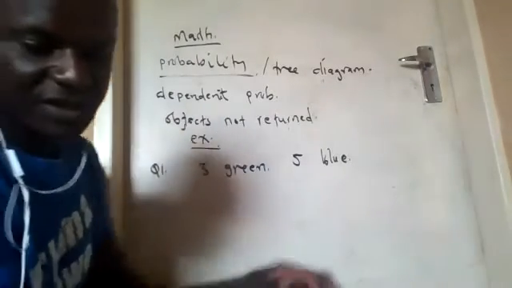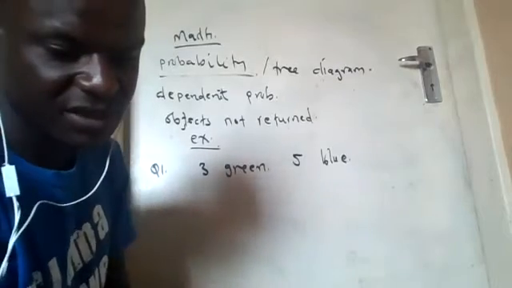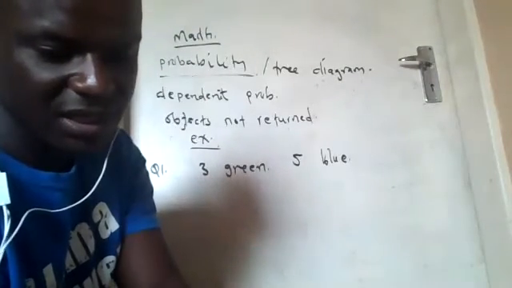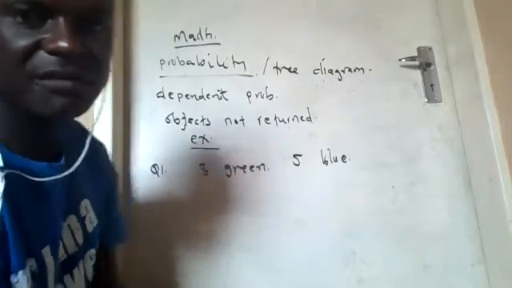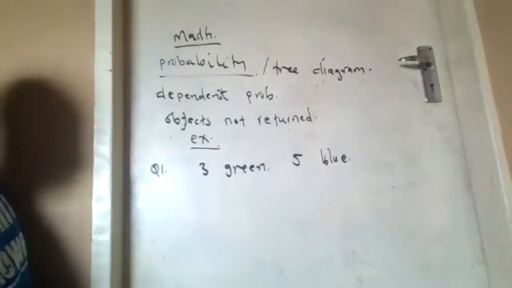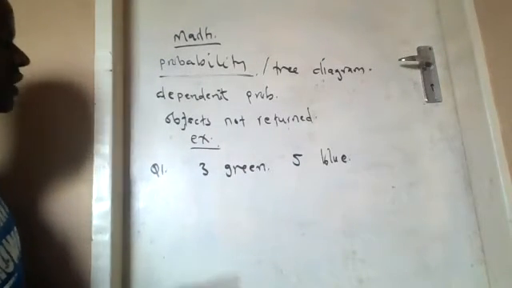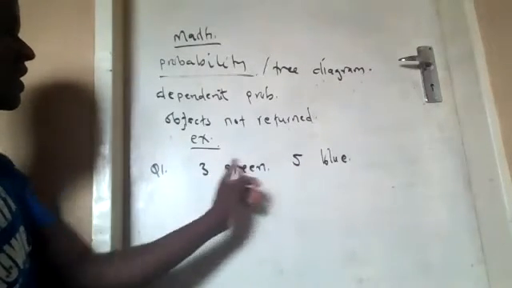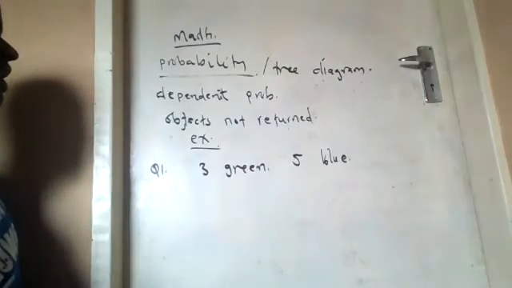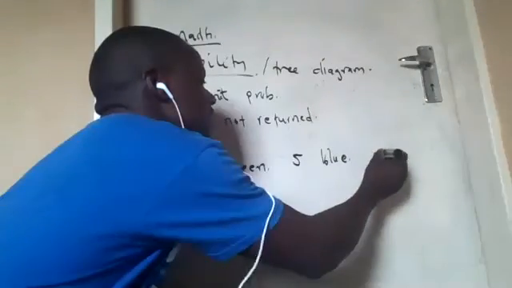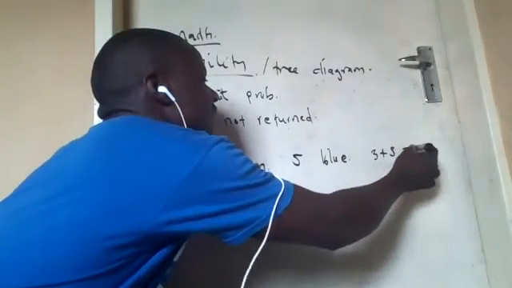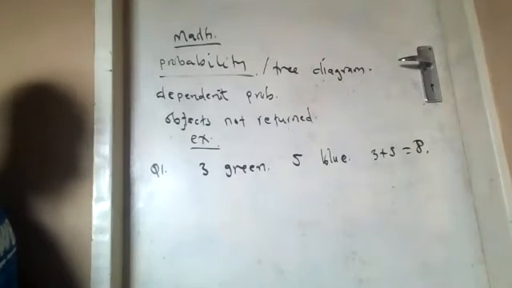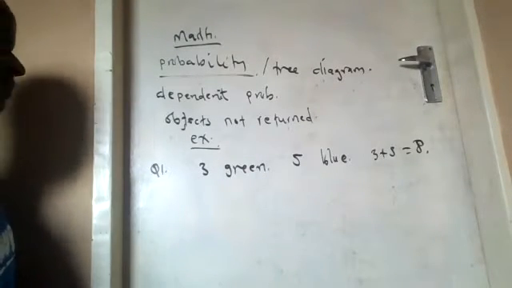So now, if it is not replaced, the first question says, draw a tree diagram to illustrate the information above. Here, what you're supposed to do is add the number of entities, not the types. The numbers are 3 plus 5, and the total is 8.